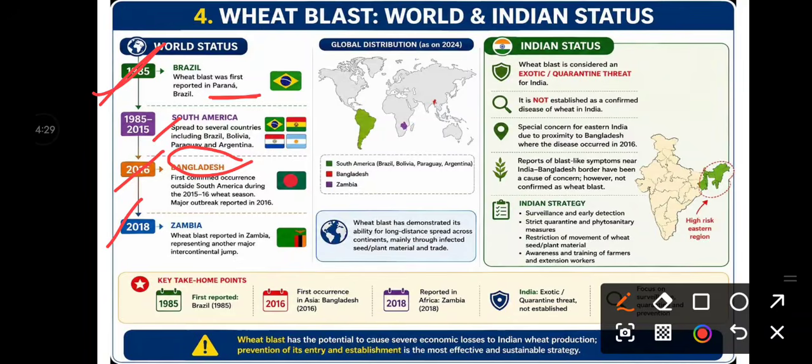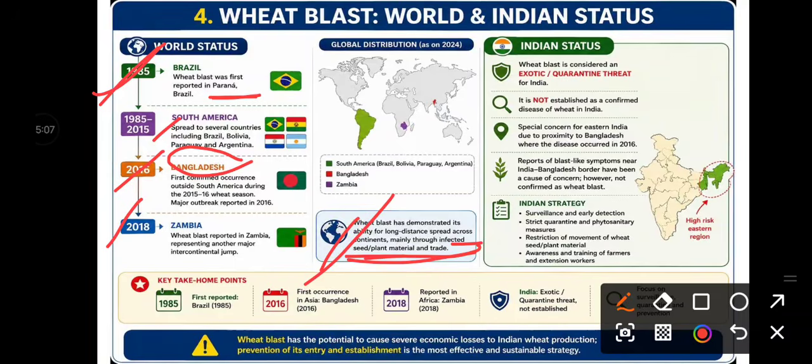And it was believed that this long distance spread from South America to the Asian countries was through seed and plant material trade, infected seed and plant material trade. So it is not like wheat rust where airborne urediniospores are responsible for the long distance spread. Here, from South America to Bangladesh, this long distance spread occurred through infected seed and planting material.